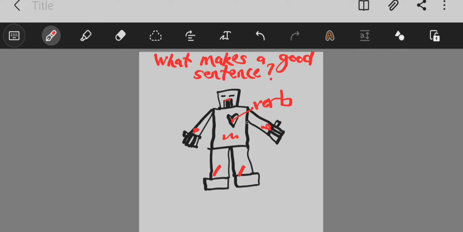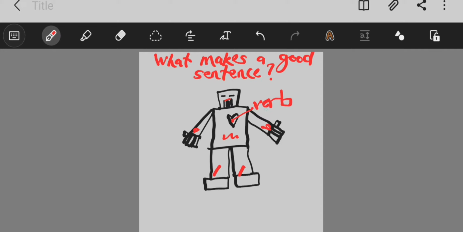That's why I'm writing the verb as the heart of a robot, because without this heart, your robot can't move. The same goes for the sentence. Without a verb, you can't really string a good sentence. So a verb is really an important element in a sentence. That is the reason why I'm starting the lesson today with the verb.